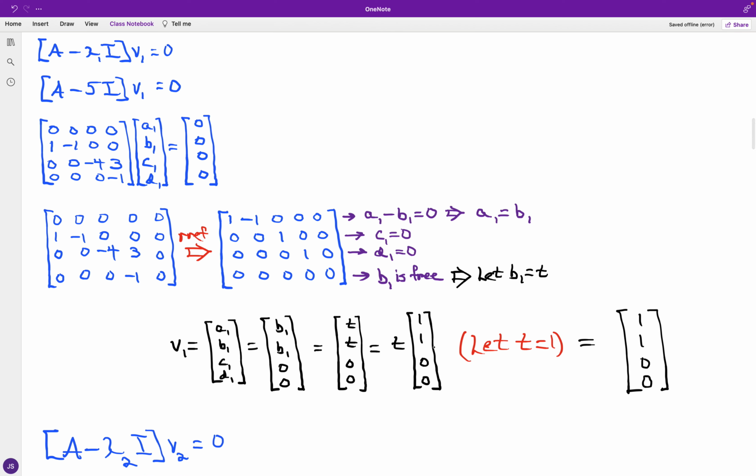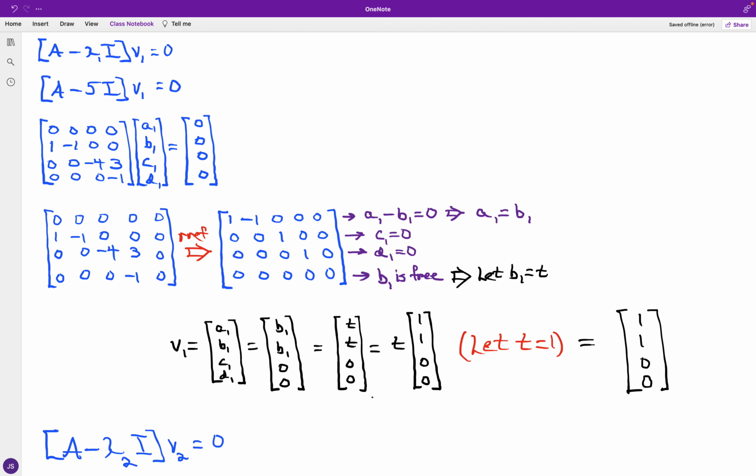So for the first eigenvector, we have a sub 1, b sub 1, c sub 1, and d sub 1. Again, c sub 1 and d sub 1 are negligible, and a sub 1 and b sub 1 are the same, and if we let b sub 1 be equal to t, for our 4 elements we have t, t, 0, and 0.